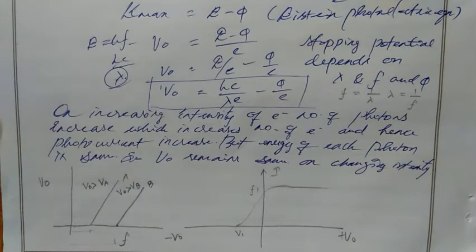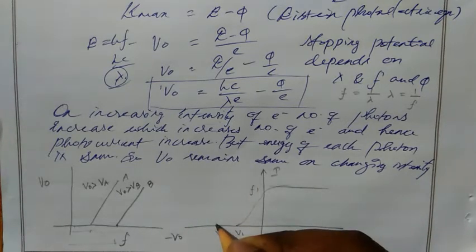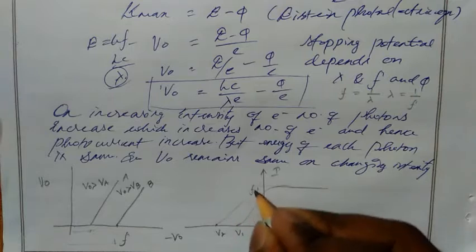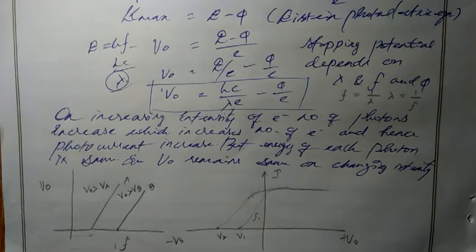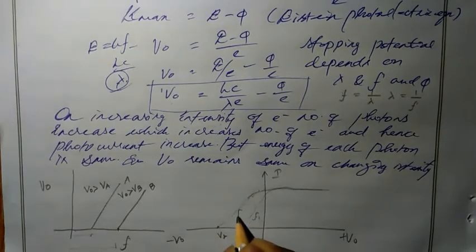Then I increase the frequency, then stopping potential also increases. Okay, on the negative axis it will increase. So when I increase the frequency, stopping potential also increases. Here we have V2. For this also we have constant current. So let's take this frequency as F2.